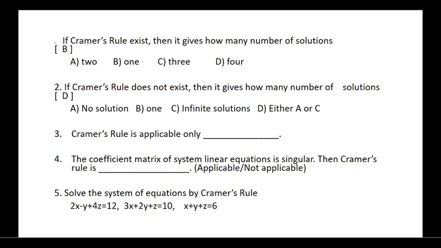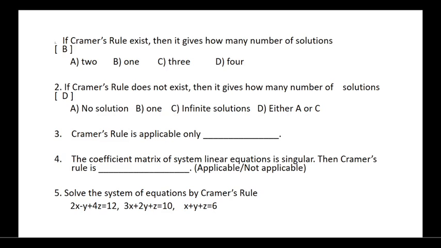Next, plus 4 into 3 minus 1. So delta becomes 8. It is the determinant of the coefficient matrix.